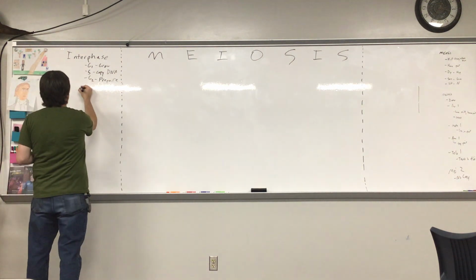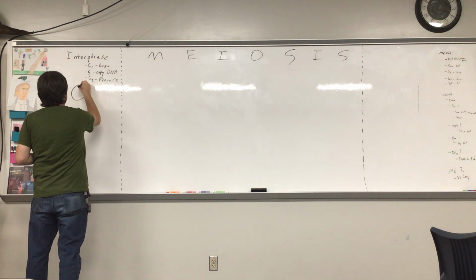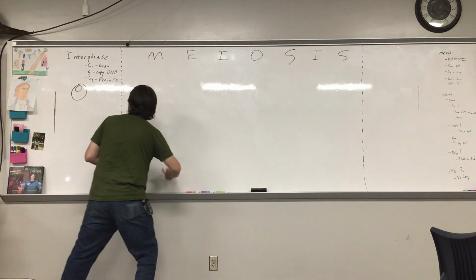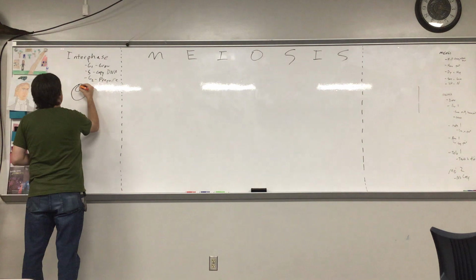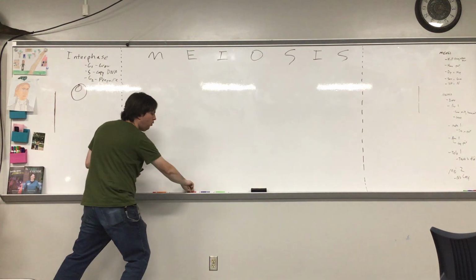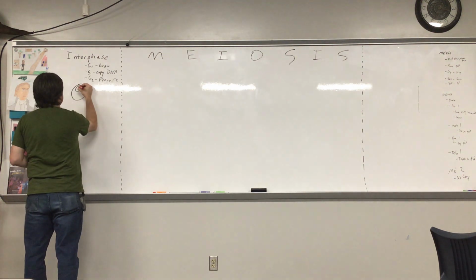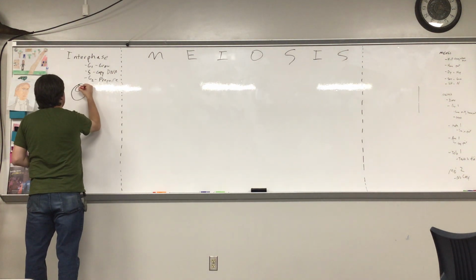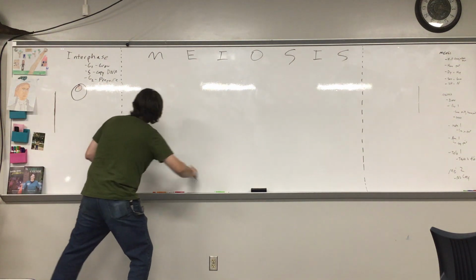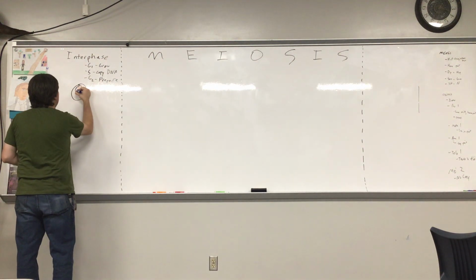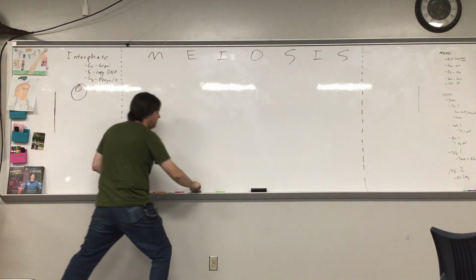What that looks like is, as previously, we have our little cell, and we have copied our DNA. Now, to make this a little bit simpler, we have 4 different chromosomes this time. As always, we have 2 of each color.